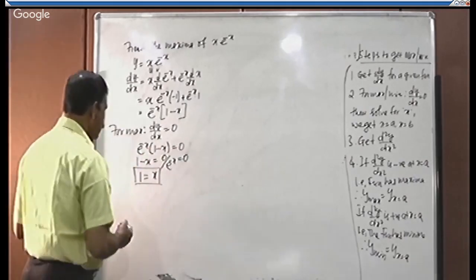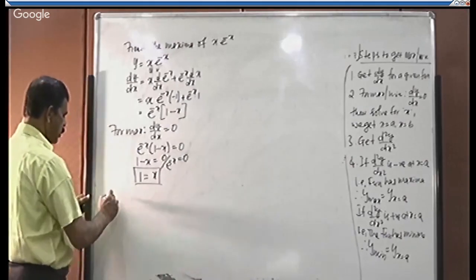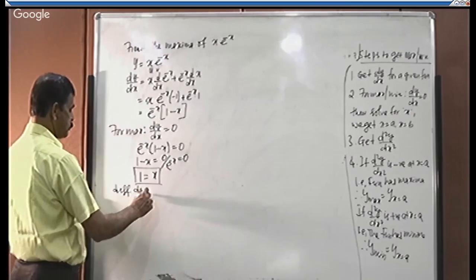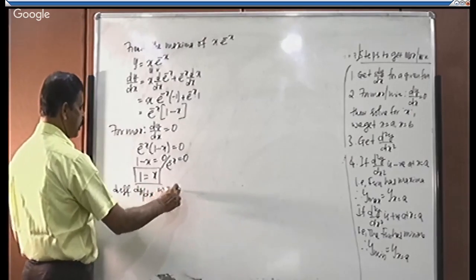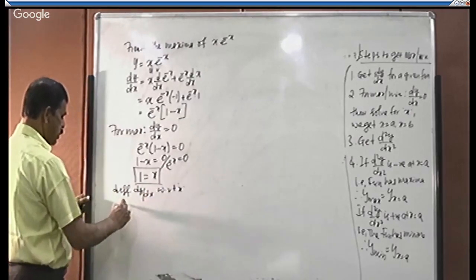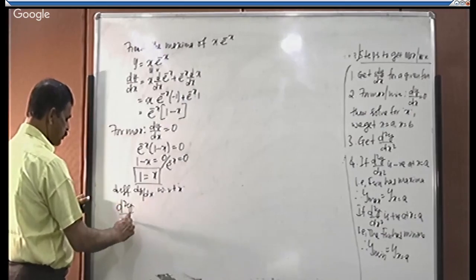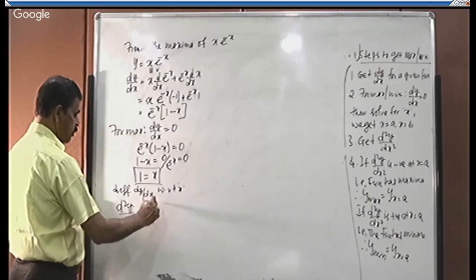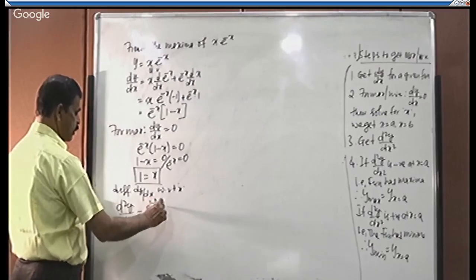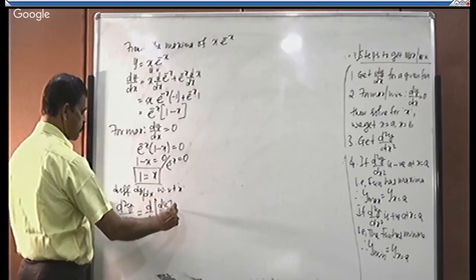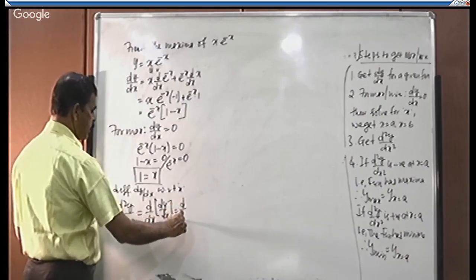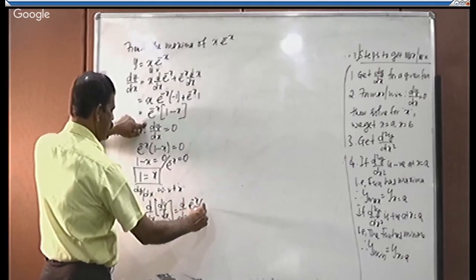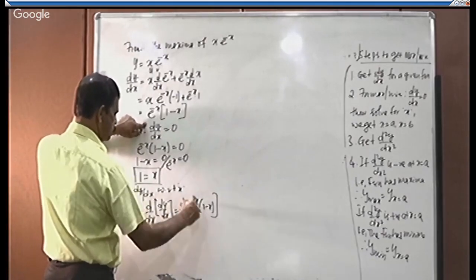Then we need to get d square y by dx square. Differentiate dy by dx with respect to x. d square y by dx square is equal to d by dx of dy by dx. What is dy by dx? It is e to the power of minus x into 1 minus x.